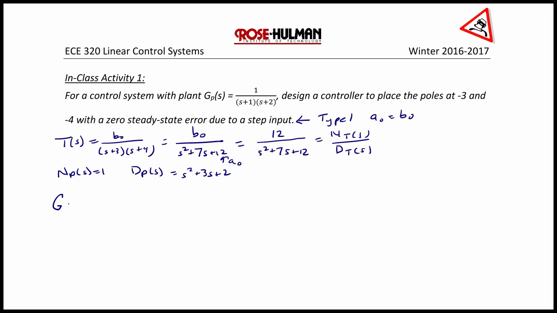So the desired controller, GC(s), is given by the equation NT DP, we're going to drop the s's for brevity, over NP times the quantity DT minus NT.